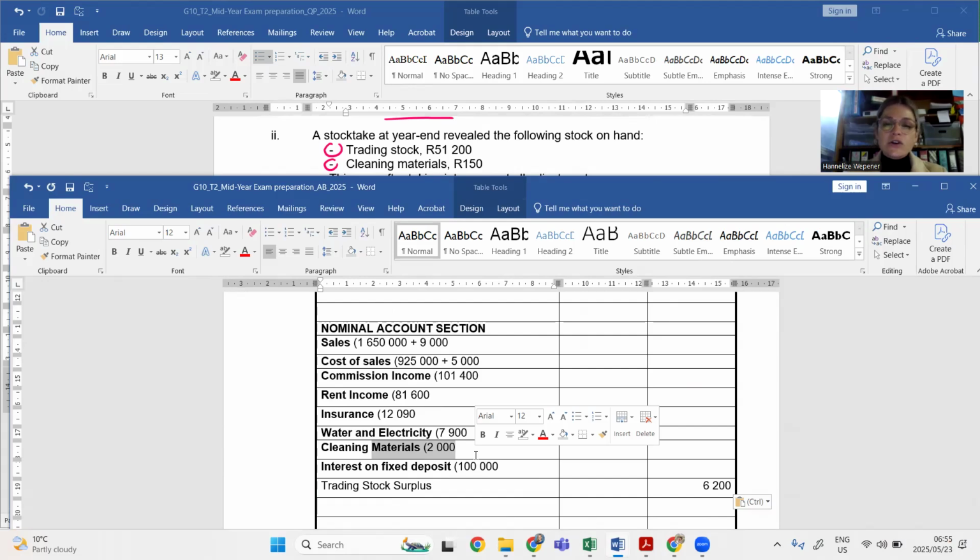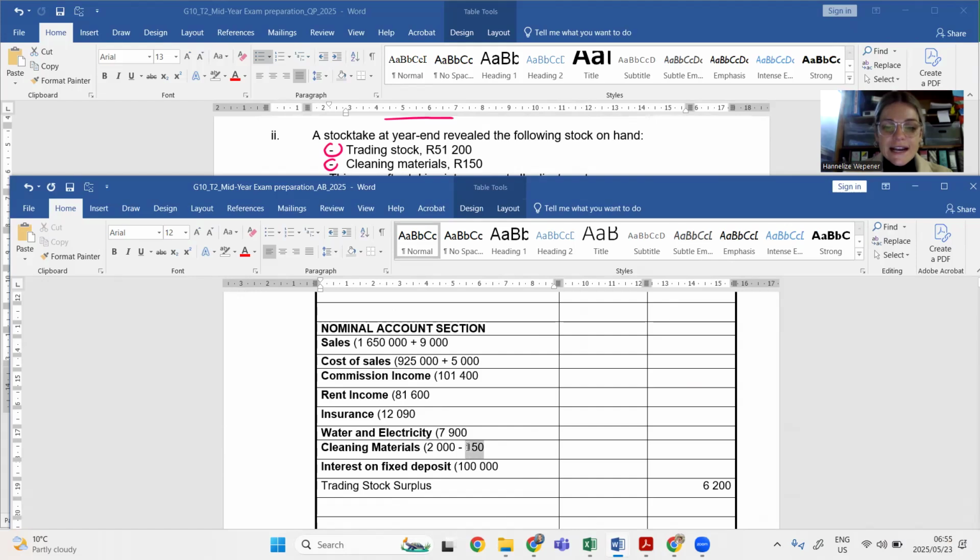So I can only incur an expense if I made use of that expense in the current year. So yes, I've purchased 2,000 Rands cleaning materials, but I haven't yet used all of it. Therefore, I cannot include the 150 Rand in my current financial year as an expense because I haven't used it.